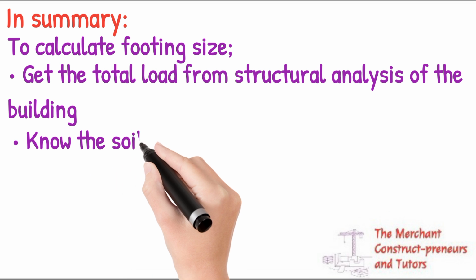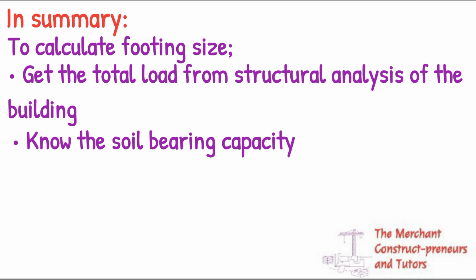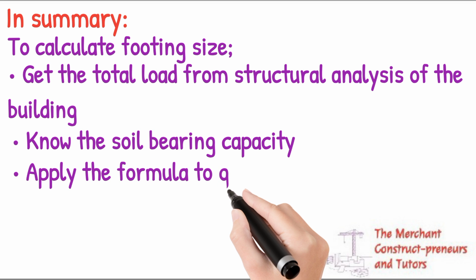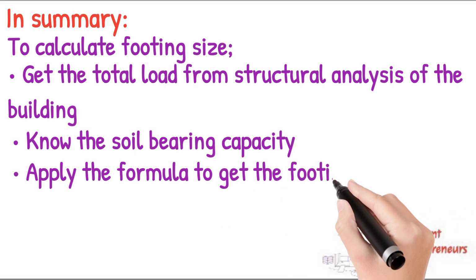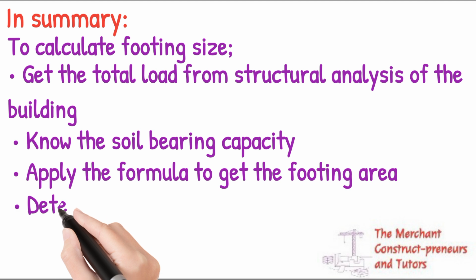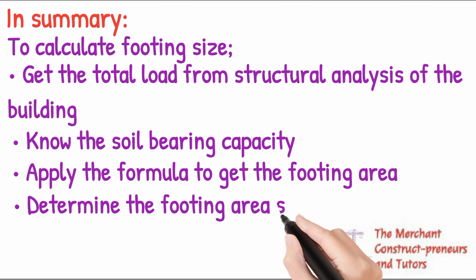In summary, to calculate the footing size, first get the total load from structural analysis of the building. You know the soil bearing capacity. Then you apply the formula to get the footing area, which is load divided by the soil bearing capacity.